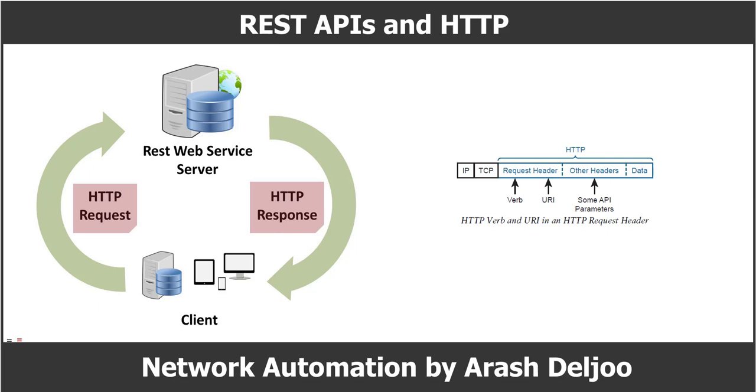Let me say, to get some perspective about HTTP, ignore REST for a moment. Whenever you open a web browser and click a link, your browser generates an HTTP GET request message, similar to, for example, this figure, and the message includes an HTTP header with the GET verb and the URI.